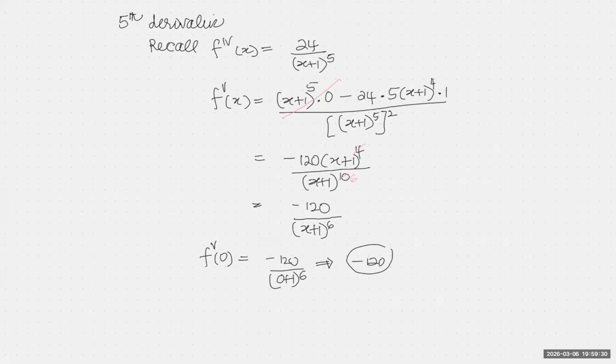All right. Now you must commit to memory the Maclaurin's formulae. You must commit to memory what that looks like.